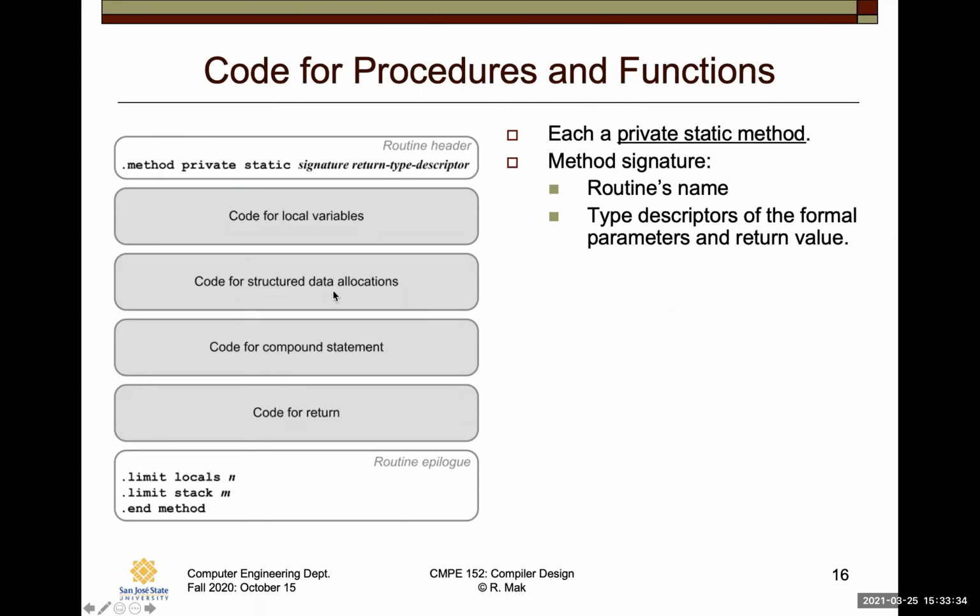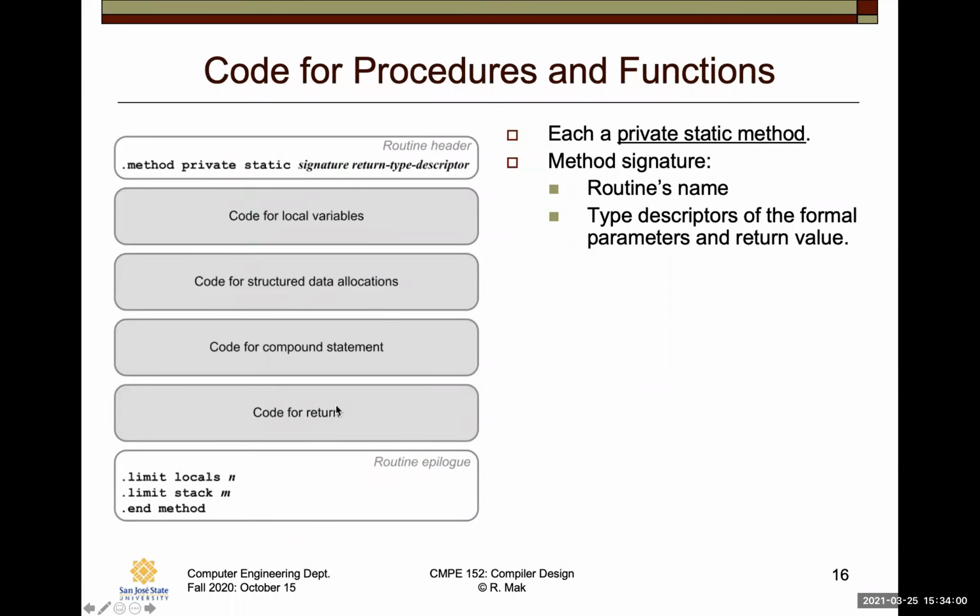And then again, if we have arrays or records, we do have to allocate memory for those data, so that will go on in here. And then for the body of the procedure or function, we would have that code here. And then we need code to return from the procedure or function, and that's the code for return.